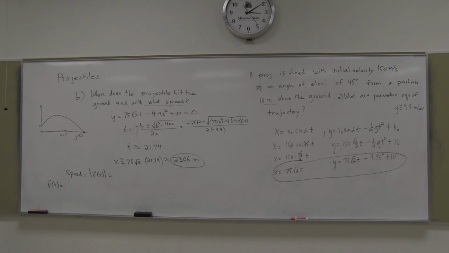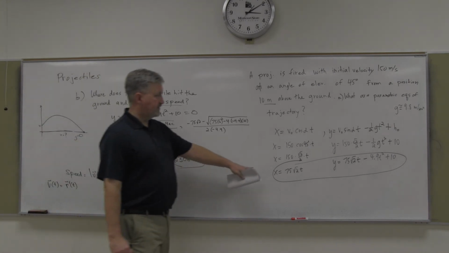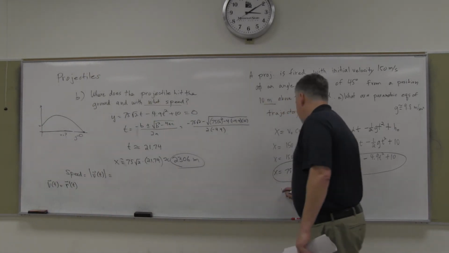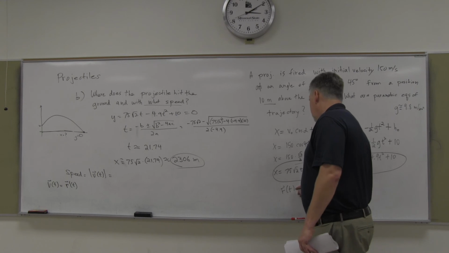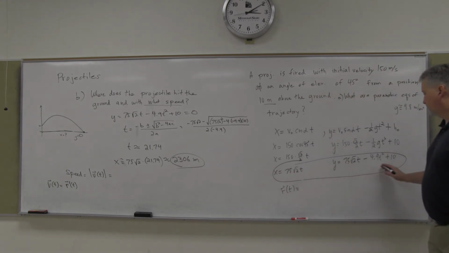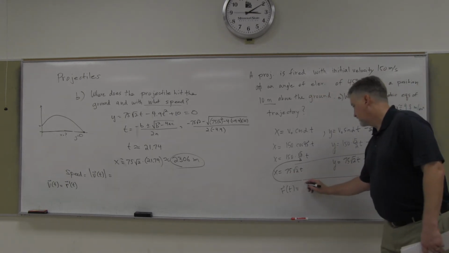The velocity is the derivative of the r function, and these give me the components of the r vector function.